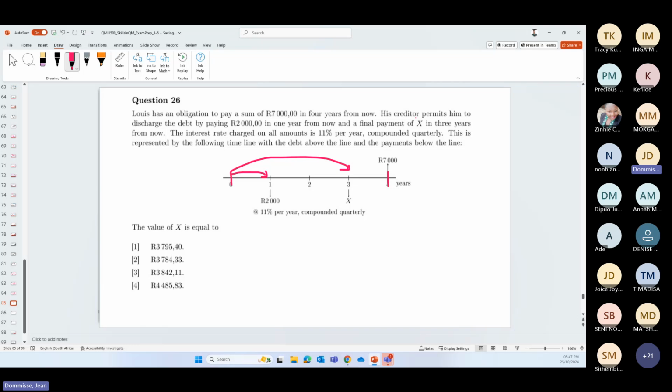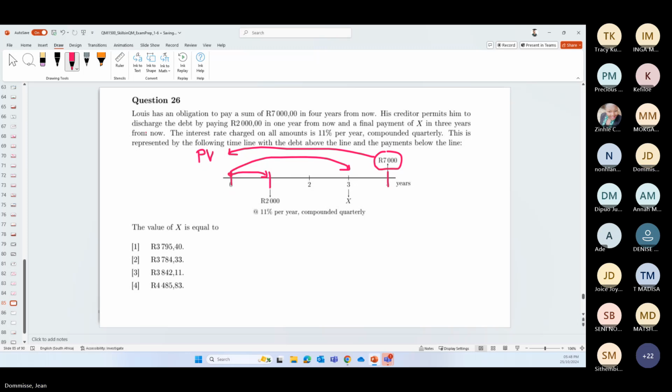His creditor permits him to discharge the debt by paying... Unless you guys have an answer, I would probably have said work that 7,000 back so that we get a present value. So that's just one idea.